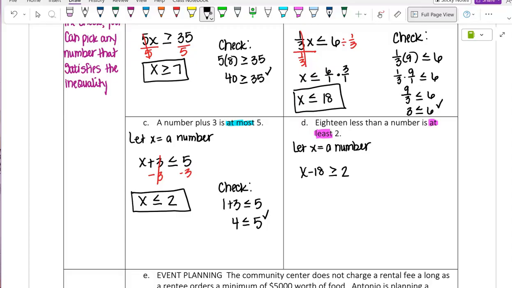So when they say that something is less than something else, they're telling you subtraction, and the first thing is subtracted from the second. And then I'm going to add 18 to both sides. So x is greater than or equal to 20.